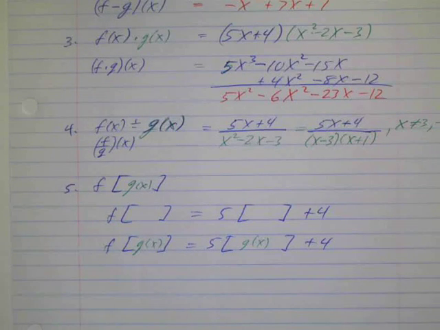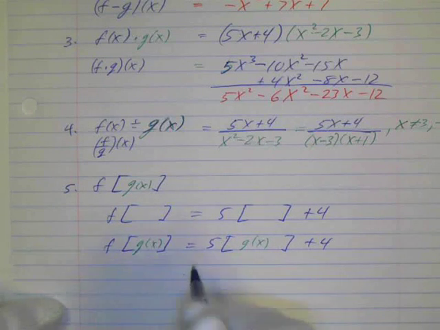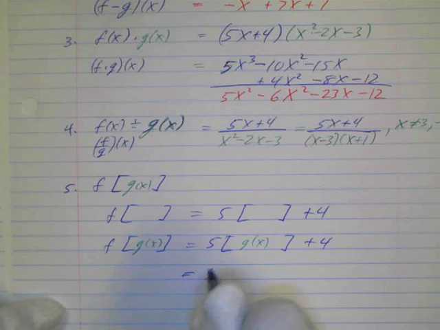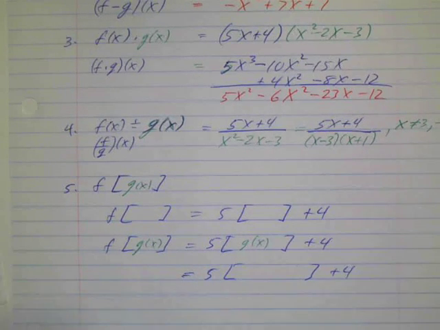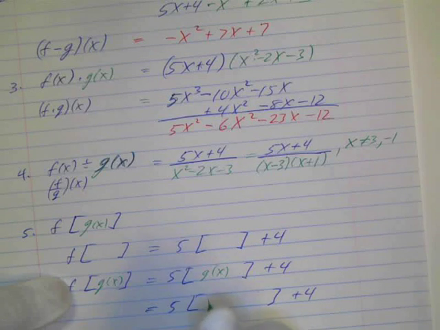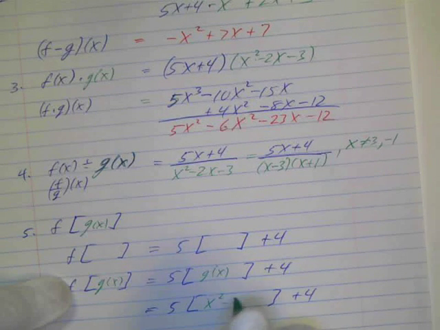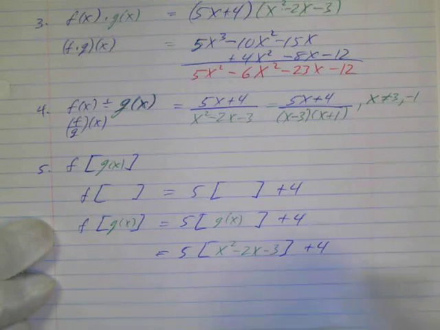Okay? So f of g of x equals 5 times g of x plus 4. Well, g of x was x squared minus 2x minus 3, so I put that in for g of x. And then I just multiply out. This is now an algebra 1 problem.